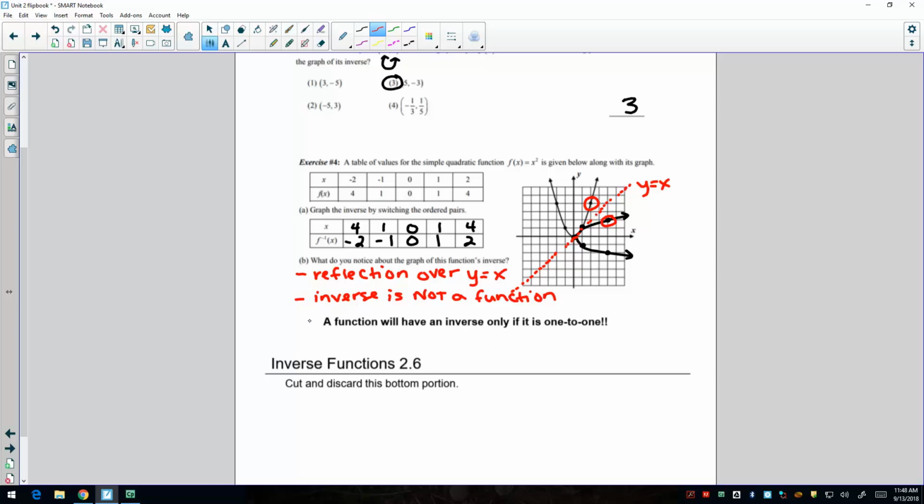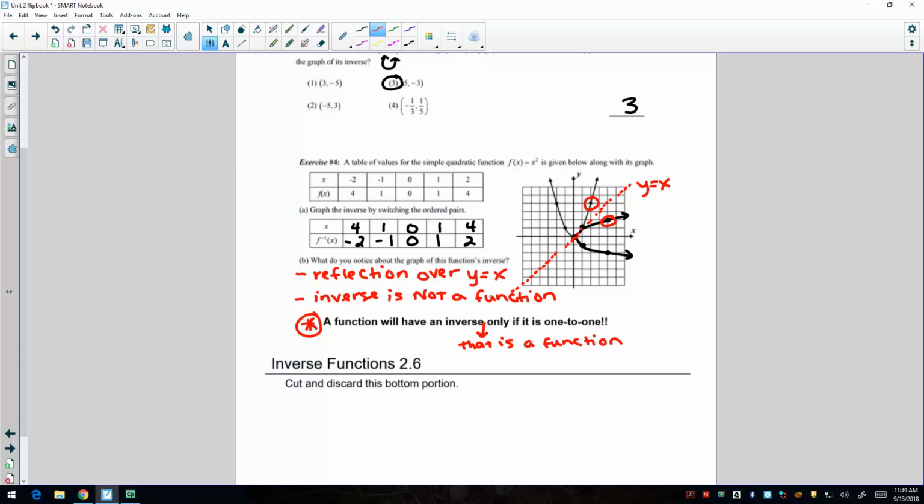So with that being said, you're going to look at the last thing written on this page, and I actually have to add something to this because it's not worded very well. It says a function will have an inverse. You need to insert a little phrase right here. It will have an inverse that is a function only if it was 1 to 1 to begin with.